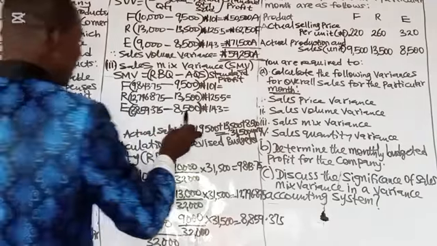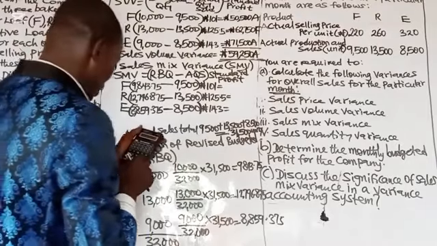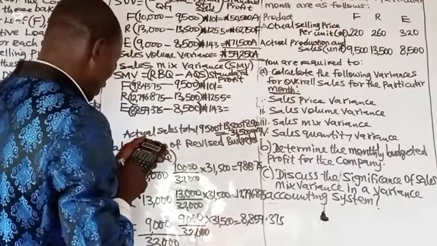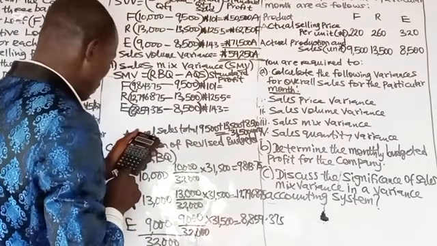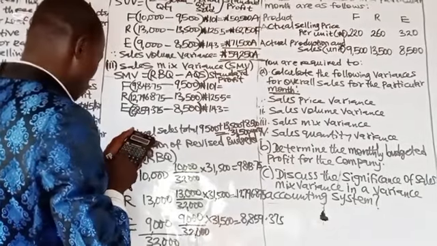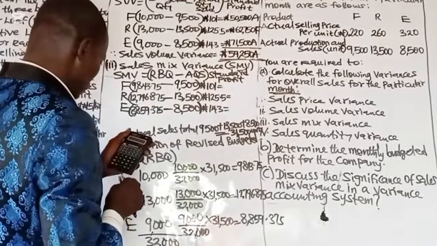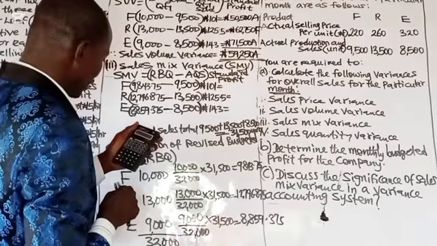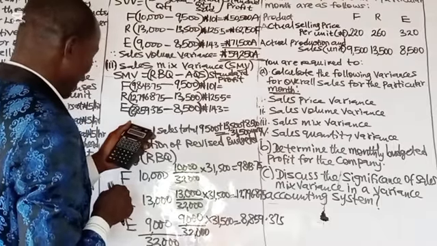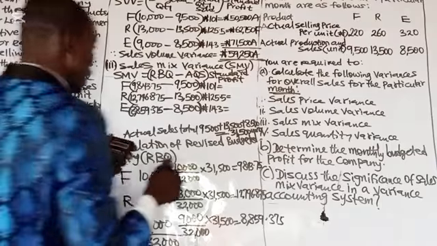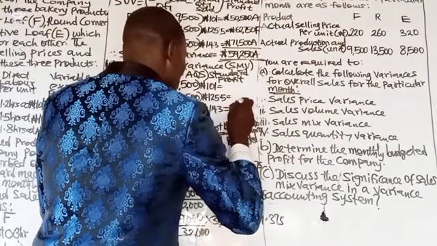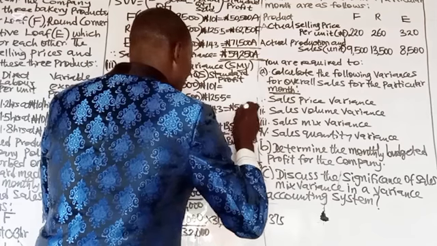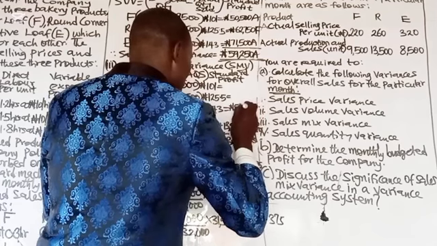If you subtract 8,500 from that, you have 359.375 times 143, which gives 51,391 naira.